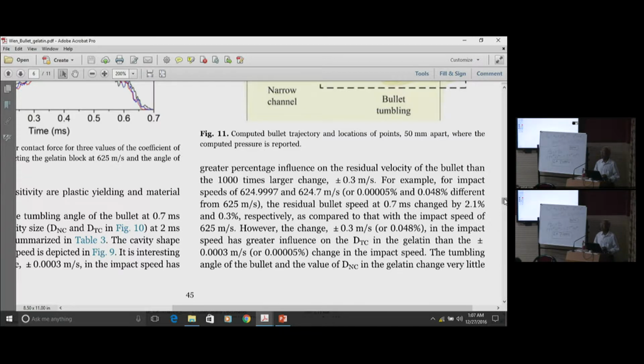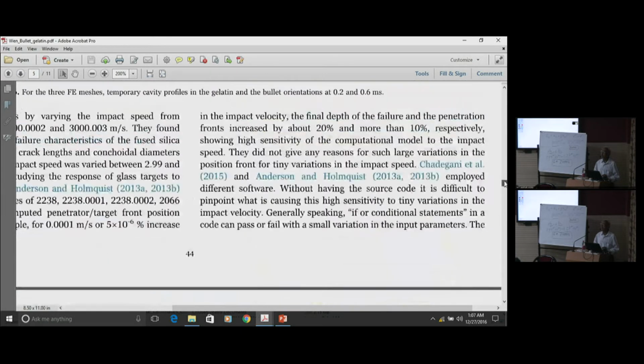Hyperelastic would be purely elastic, and then you should not be expecting a lot of deformations. As I said, qualitative features are fine. The code predicts results qualitatively, which you see in experiments. But it's highly sensitive to the impact speed.